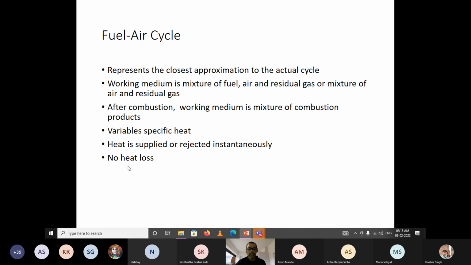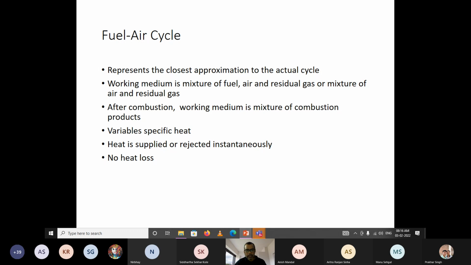But the last two assumptions, where the heat is supplied or rejected instantaneously and there is no heat loss, are still an ideal condition. So anyway, we are not going to consider all the different cycles. And then there are actual cycles. In actual cycles, when we do the experiments, the mixture is fuel, air, and residual gas, and after the combustion it is a combustion product of different kinds of species.